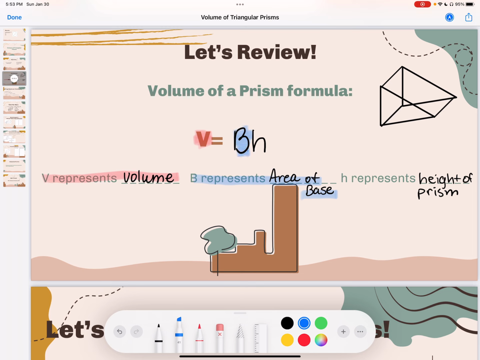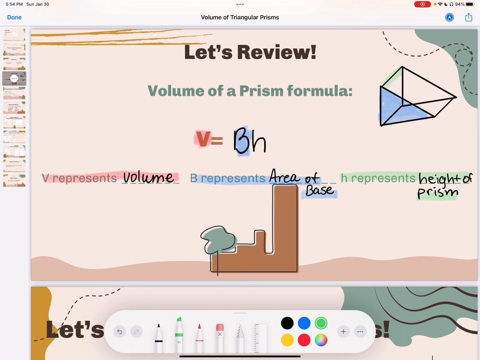And when we are doing that, we are literally just looking at one of those base shapes. So in this situation, we have a triangle. So we would find the area of that triangle, and then we have the height, and our height is what connects the two bases. So it would be this part of the prism.